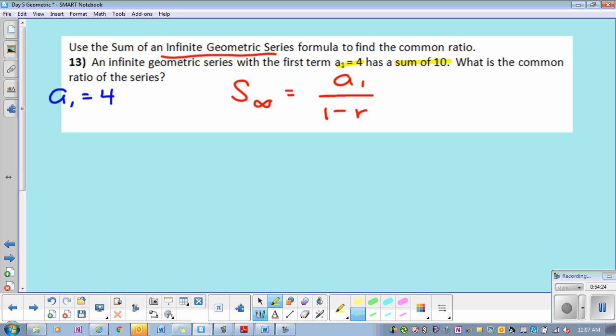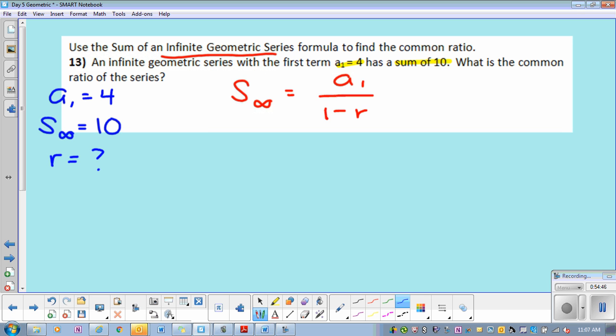Wait a minute, sum? Is that R or S? S, because that's sum. So, sum of the infinite series is 10. They're asking, what is the common ratio? Oh my goodness, they want you to find the R.